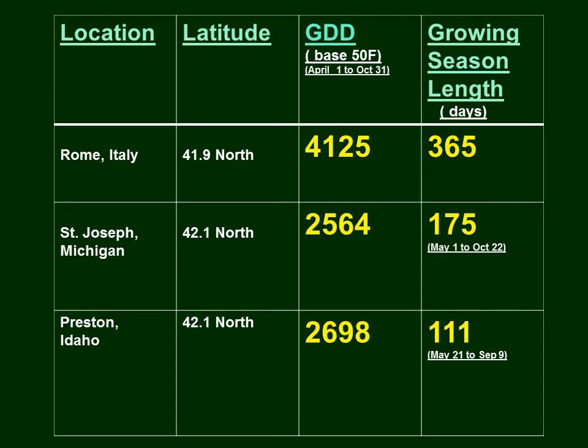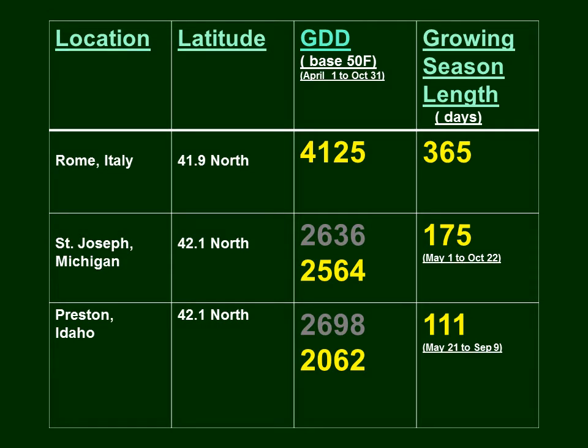So there's no value in calculating the growing degree days from April 1 to October 31 when these freeze events shorten the growing season effectively to 111 days, and that reduces the growing degree day accumulation for their growing season all the way down to a little over 2,000 growing degree days.